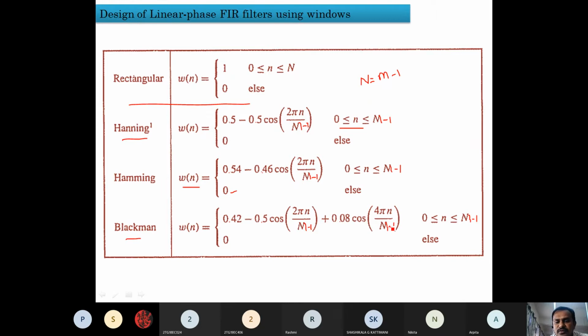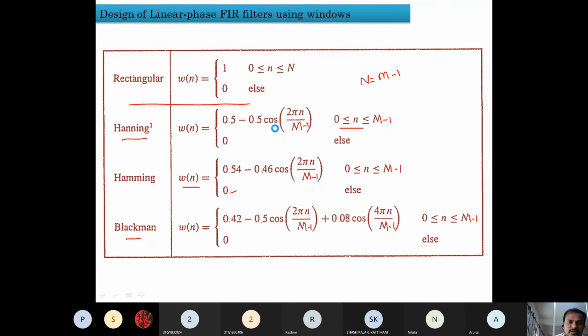Outside the window, it is 0. So you need to remember these, because these are the direct equations for window functions. Once again, there is no background of these window calculations. It is just an introduction to what windows and window functions are there.